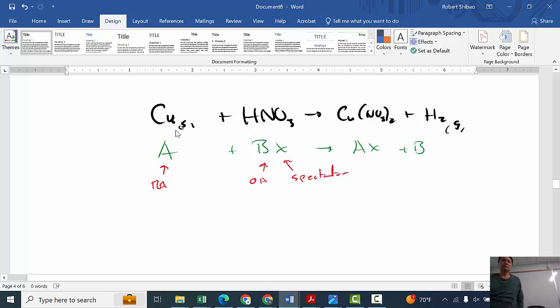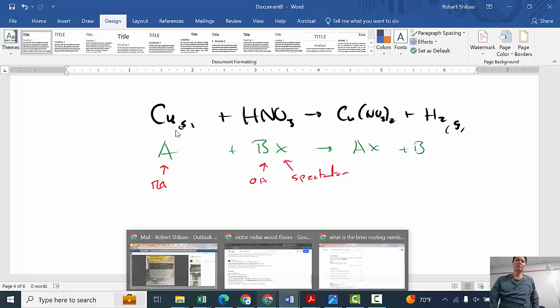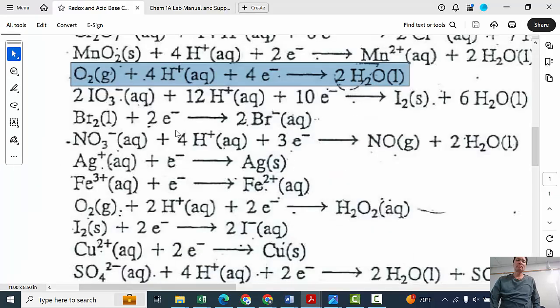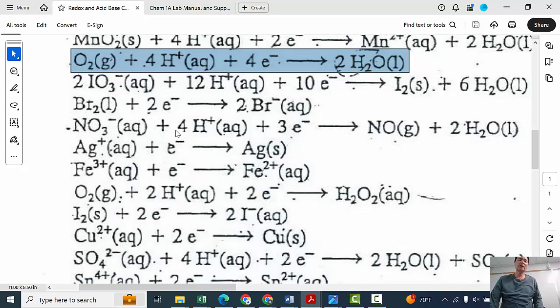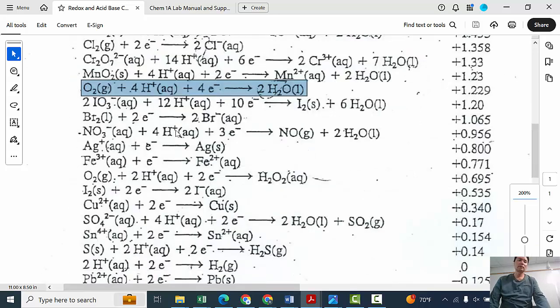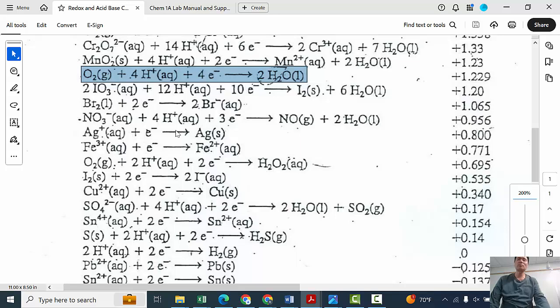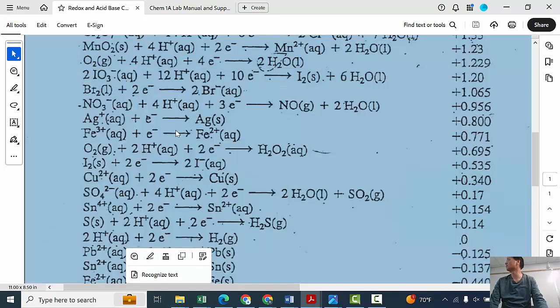But you're trying to control these, and you can't control them. You're telling nitrate to be the spectator, and you're telling H plus to be the oxidizer.